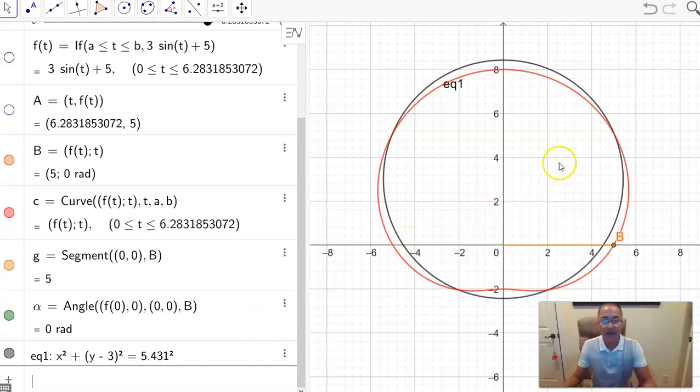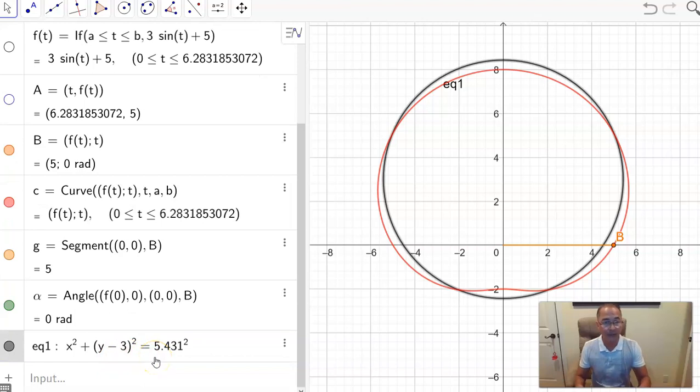So are you convinced that the area inside the black circle is about the same as the area inside the red limaçon? Of course, it's not perfect. Part of the circle is sticking out, but part of the limaçon is sticking out. And there's more of the circle sticking out over there. Maybe we can lower the center a little bit.